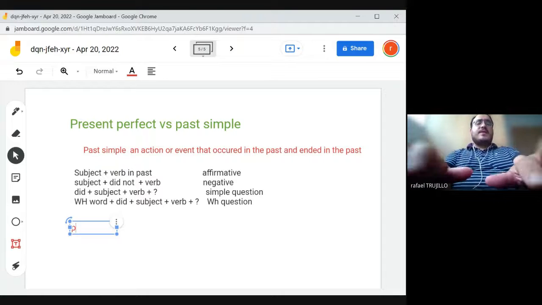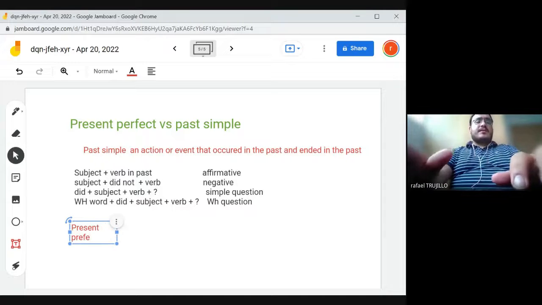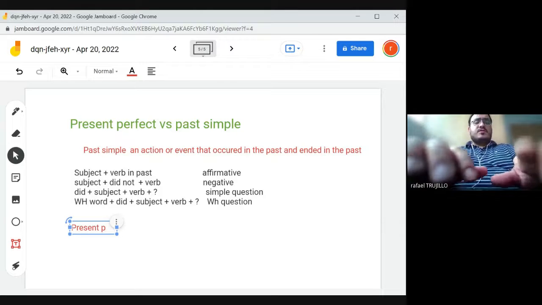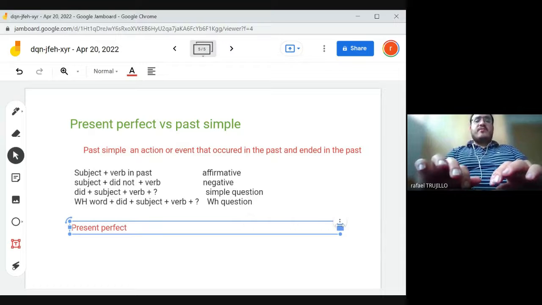How can that be? And the structure is the present perfect. Right? Perfect. Exactly. Present perfect.